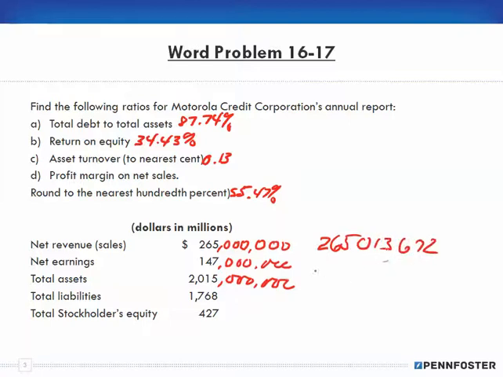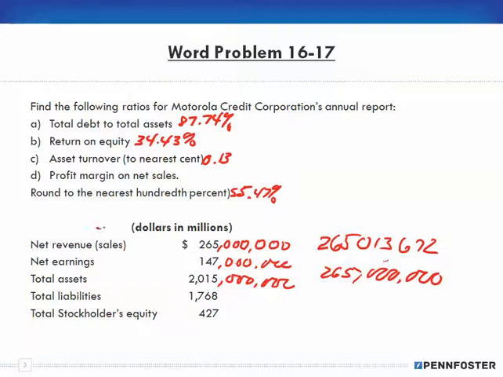Well, they're just rounding down to 265 million. Because to do the ratios, close enough is good enough. You don't need an extreme level of accuracy.